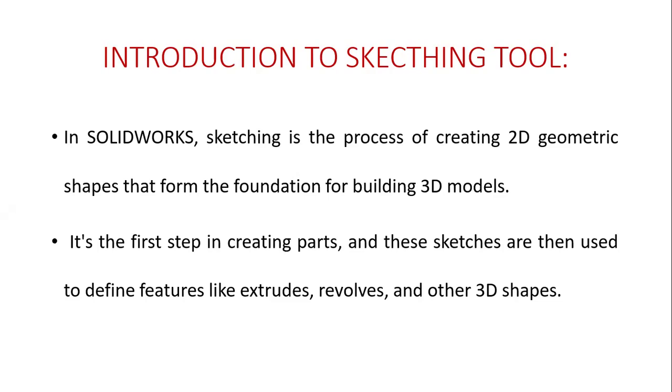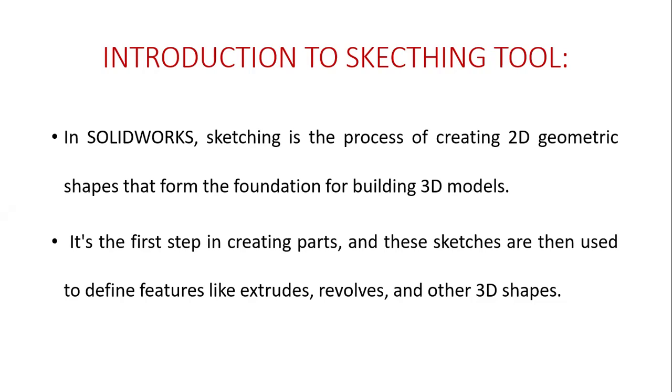It is a process of creating simple 2D geometrical profiles or shapes, up to complicated shapes. This forms a basic foundation for constructing a 3D model. A 2D geometry can be either a simple polygon or any complicated contour shape.